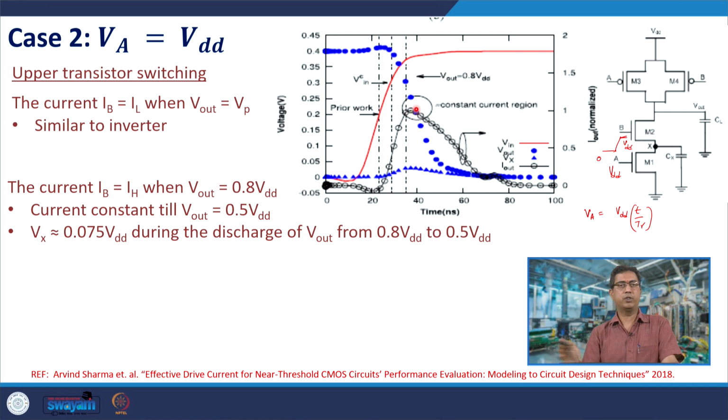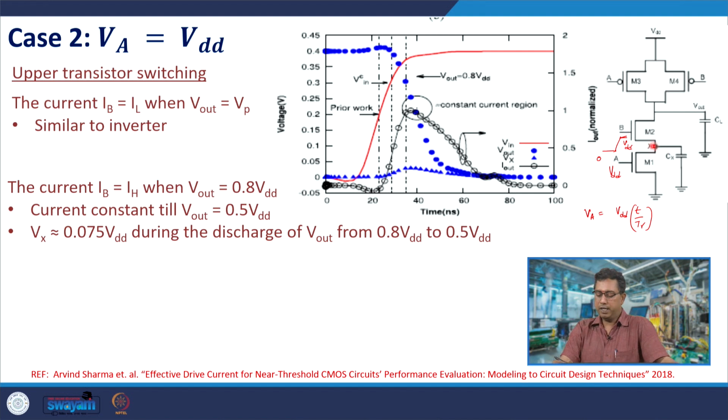Since the current through M2 is almost constant, VGS of M2 cannot significantly change, and therefore node X must remain at its value.